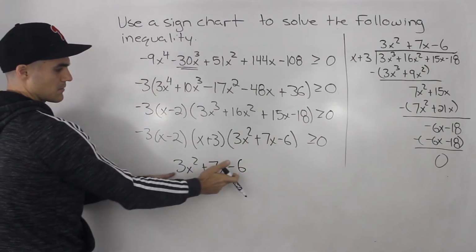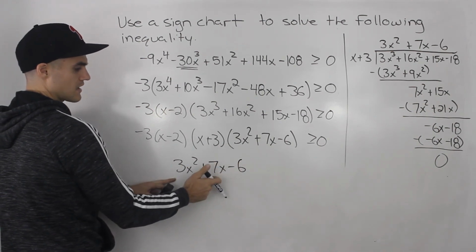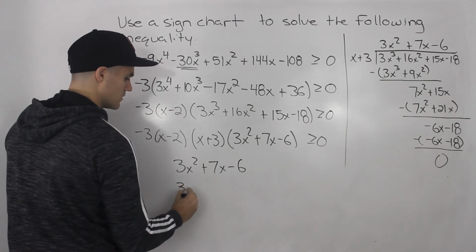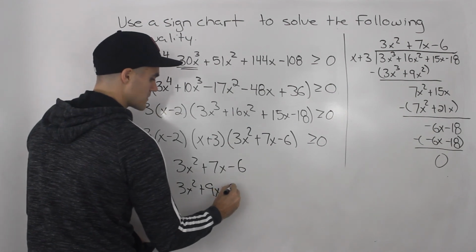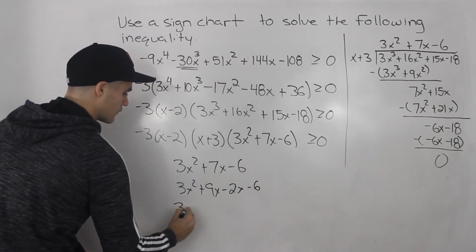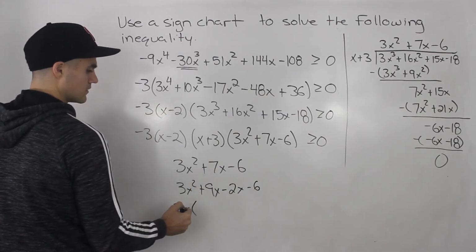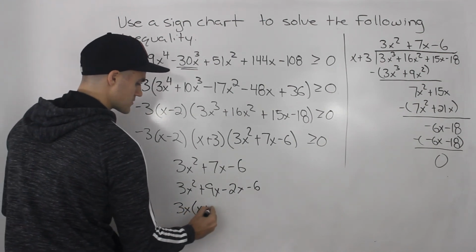Right, so two numbers that multiply to negative 18, 3 times negative 6, and add up to 7, well, that would be 9 and negative 2. So what we do is we then decompose that 7x into 9x minus 2x minus 6. From the first two, we can take out a 3x and we'd be left with x plus 3.